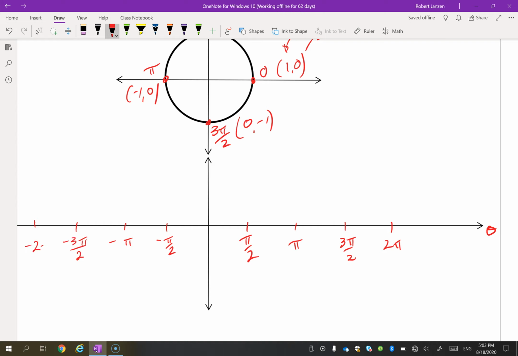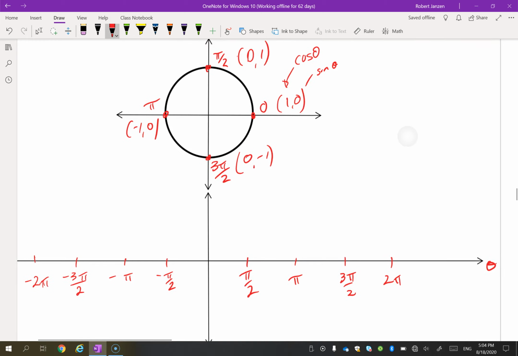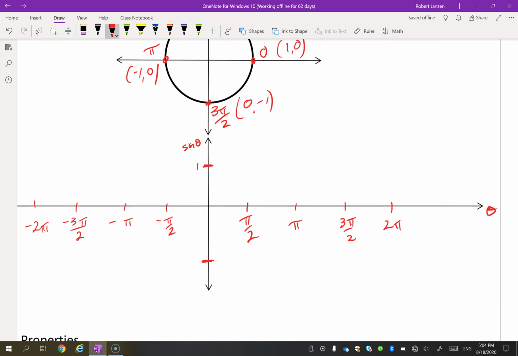So this is the graph from negative 2 pi all the way to 2 pi. Let's fill those values in. This value is going to be y, or in other words, sine of theta. You can see that the biggest value we have is 1, and the smallest value we have is negative 1.